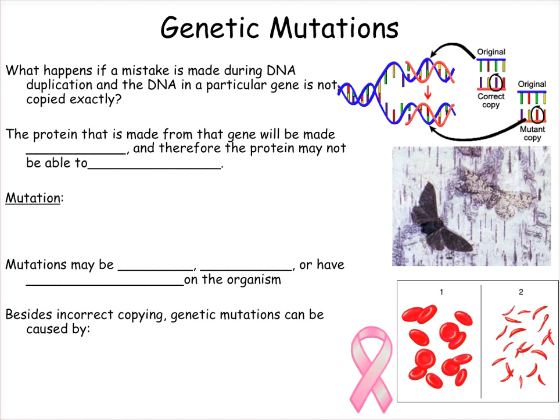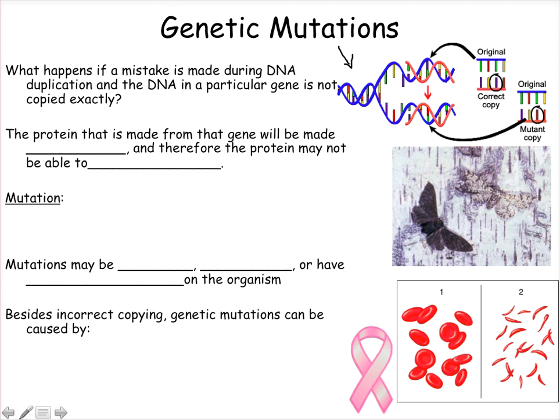So, what happens if a mistake is made during DNA replication and the DNA in a particular gene is not copied exactly? For example, let's imagine new cells are going to be made, so the DNA shown in this diagram here needs to be copied so that we have the correct amount of new DNA for each cell.